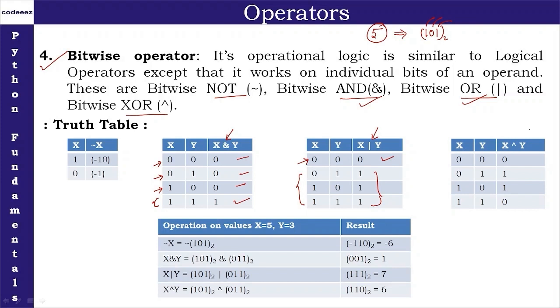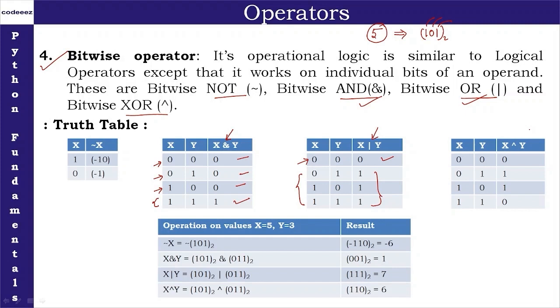So let us understand the bitwise NOT operator. Unlike the logical NOT operator, which was simply used to convert the value from false to true and true to false, the bitwise NOT operator works somewhat differently. What it does is simply give the ones complement of a value.